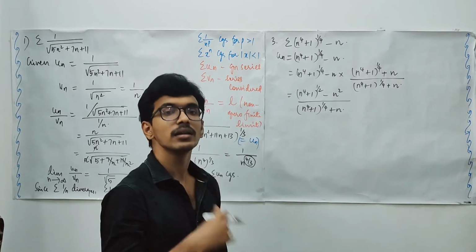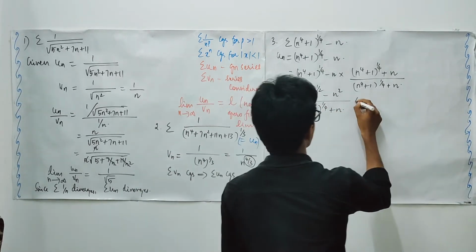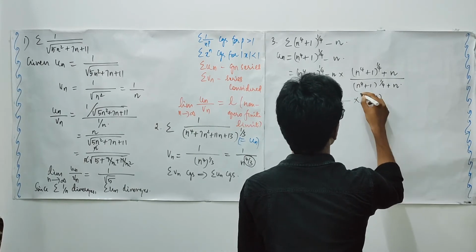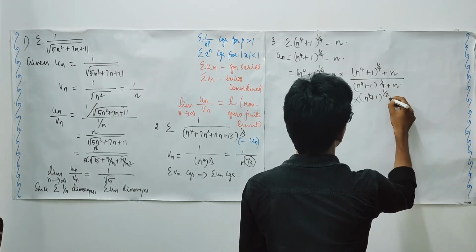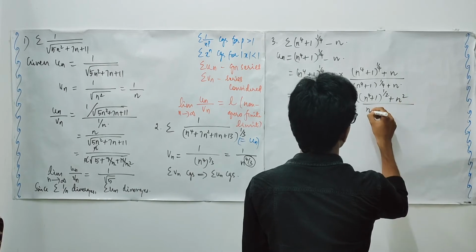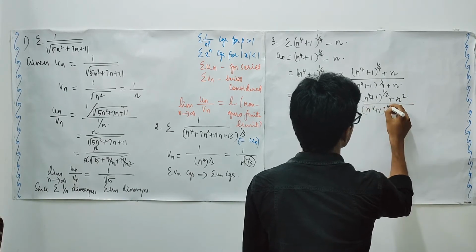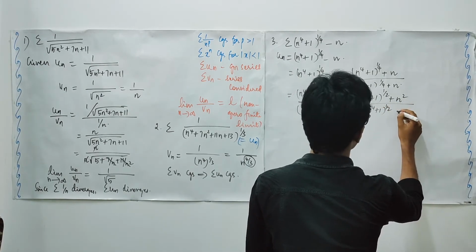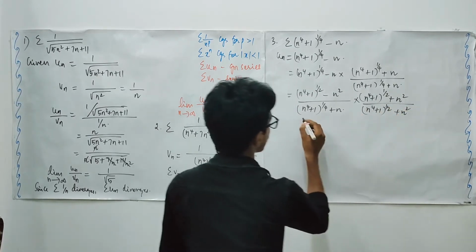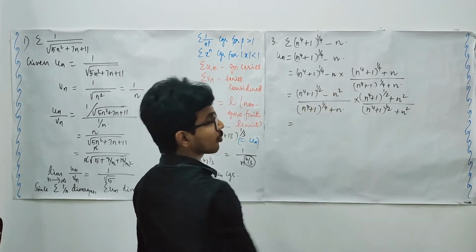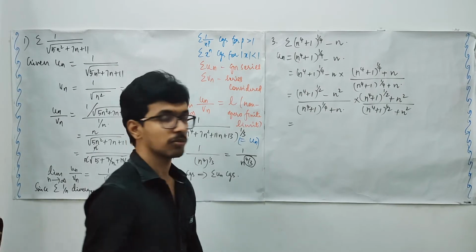Now you have to repeat the same thing, that is multiply by n power 4 plus 1 to the power 1 upon 2 plus n square upon n power 4 plus 1 to the power 1 upon 2 plus n square. So when you do it again in the numerator, it is in the form of a minus b into a plus b.